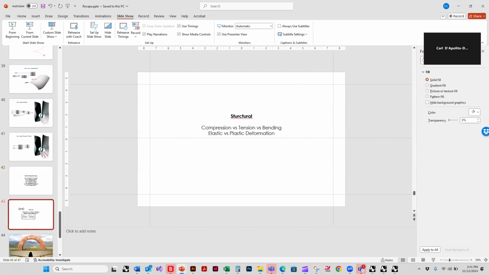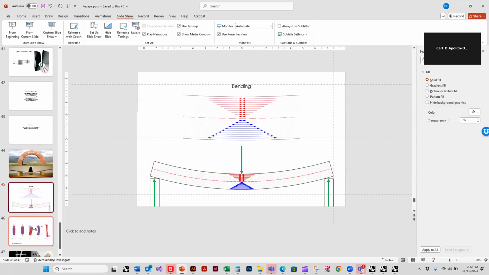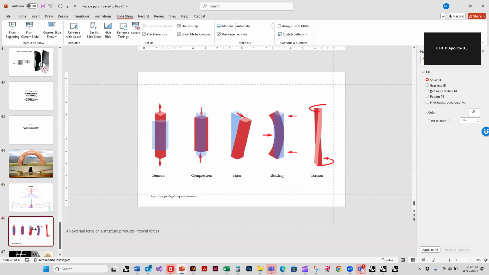One of them is the difference between compression and bending. You're going to take structures next year, but basically structural forces resist things different ways, and so bending is when the curvature is being bent, and that is what is resisting the deformation.